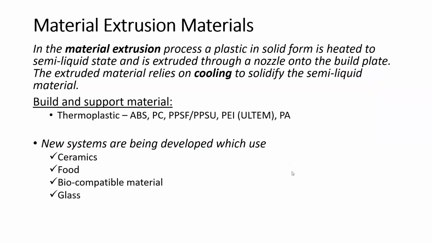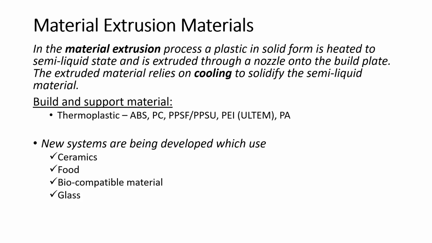All right. So let's look at the material extrusion materials. The materials are one of the real strengths, real pluses of this 3D printing process. In the material extrusion process, a plastic in solid form is heated to a semi-liquid state, right? So it's not liquid.